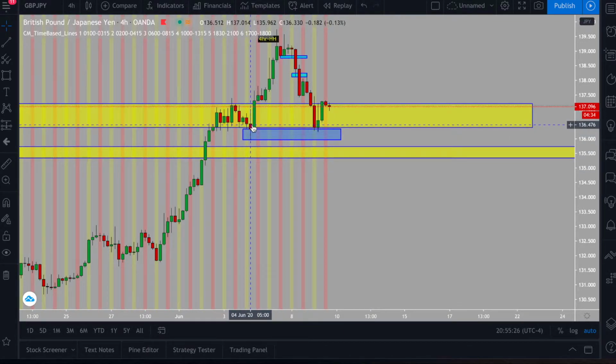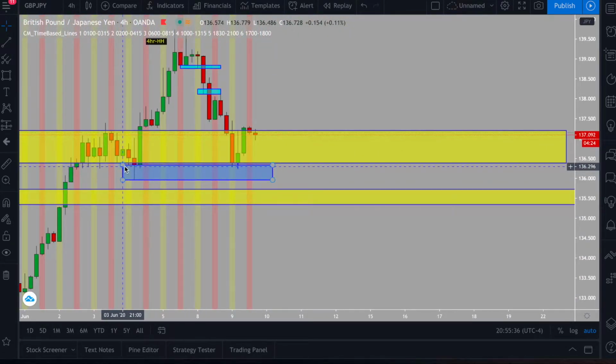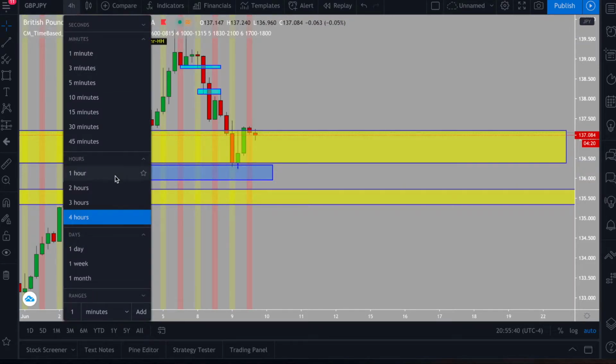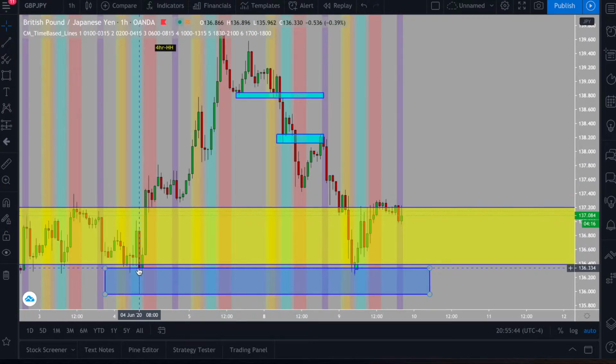So that tells me that this is still bullish. I should still be looking for buys once price came down to this 4 hour area right here. So basically what I did was I put my 4 hour demand zone here. I zoomed in to make sure it matches up with my 1 hour as far as the wicks go, and it did.